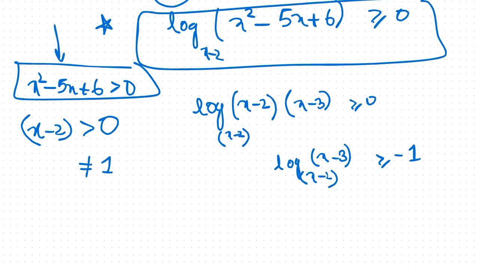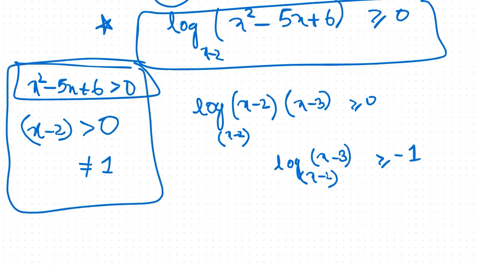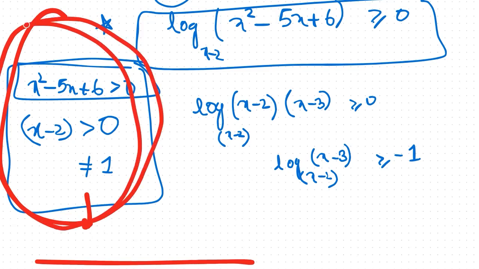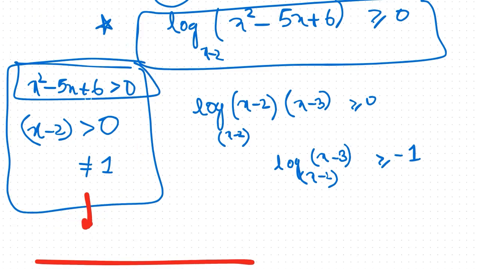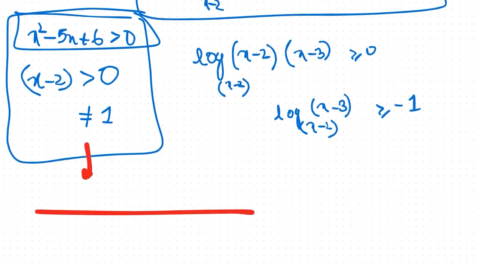If you solve x square minus 5x plus 6 greater than 0, we are still solving for x. The critical points are 2 and 3.